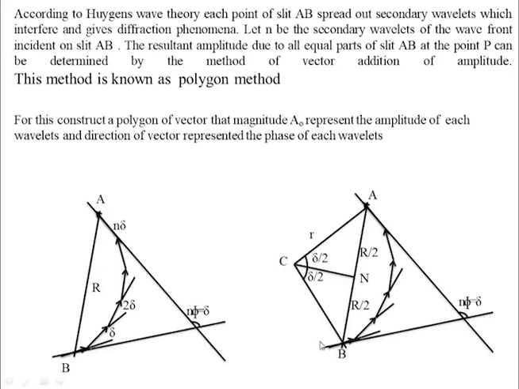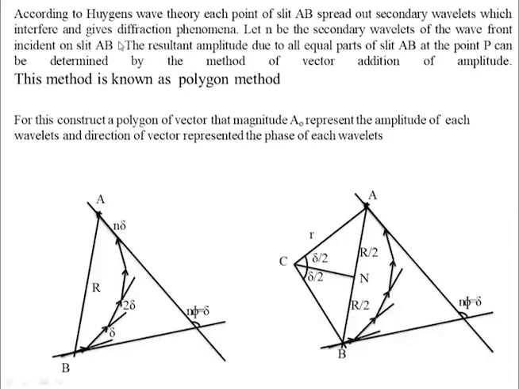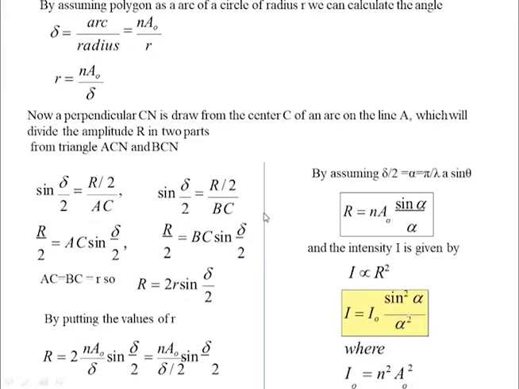We have two similar triangles ACN and BCN. Assuming the triangle ACN, you have sine delta by 2 is what? Angle is equal to arc by radius. Before that, I assume the net arc here, and the total angle delta is equal to arc by R, where R is the radius.